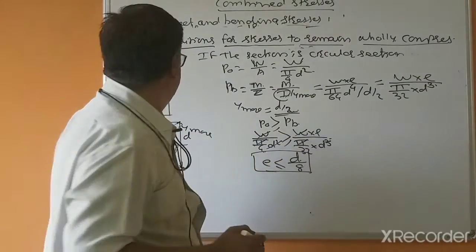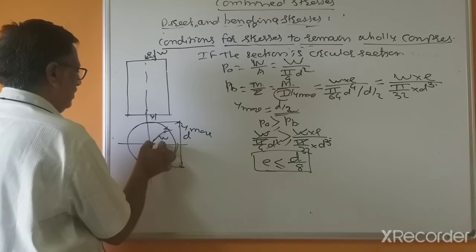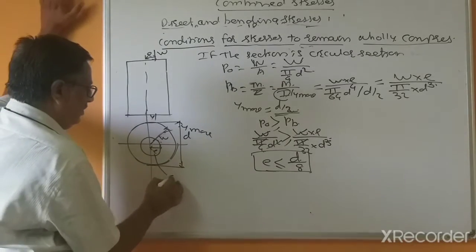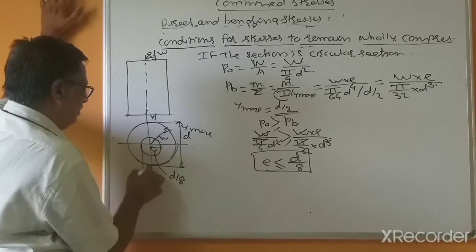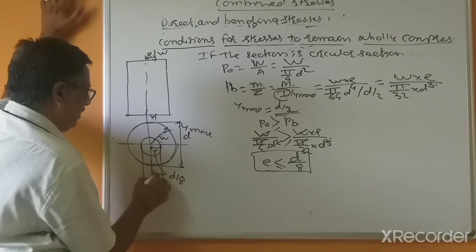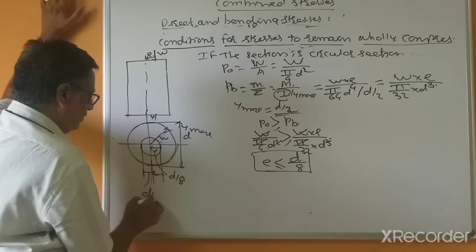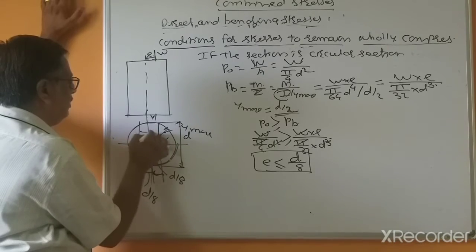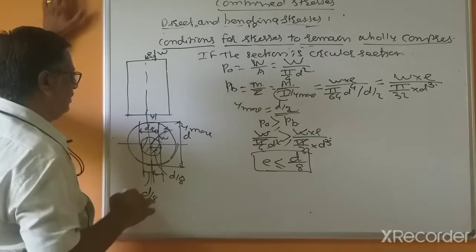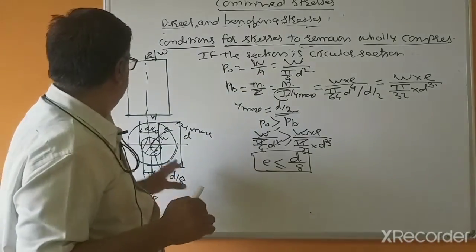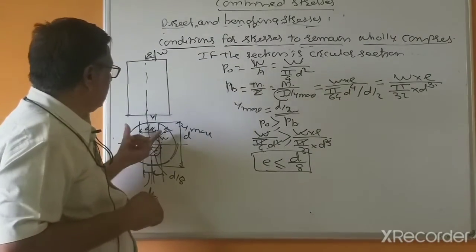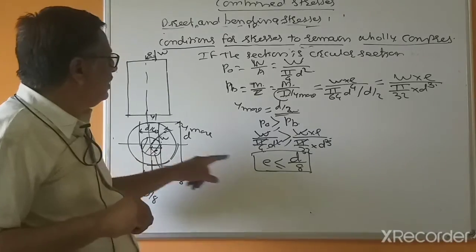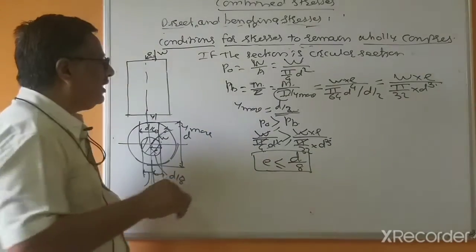Eccentricity should be, so here this is called the core and this is D by 8, D by 8, D by 8, and this is total equal to D by 4, meaning the diameter equals D by 4, or otherwise from the origin, this distance should not be greater than D divided by 8.